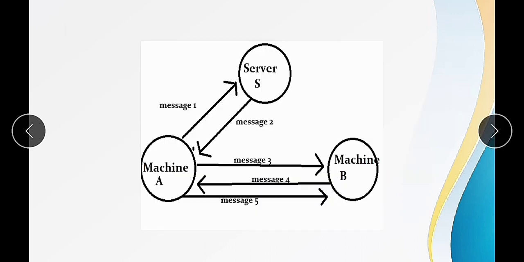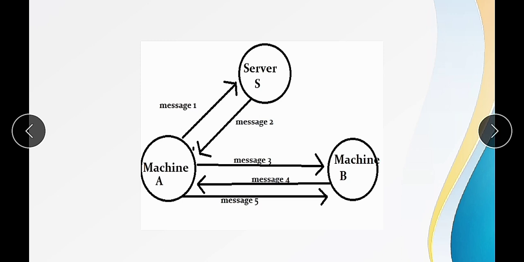So we can easily understand this process by using the diagram. Here a third party is placed in between the sender and receiver. So machine A is a sender machine, and machine B is a receiver machine, and server S is the machine which is placed in between the sender and receiver. So it can be known as the third party.